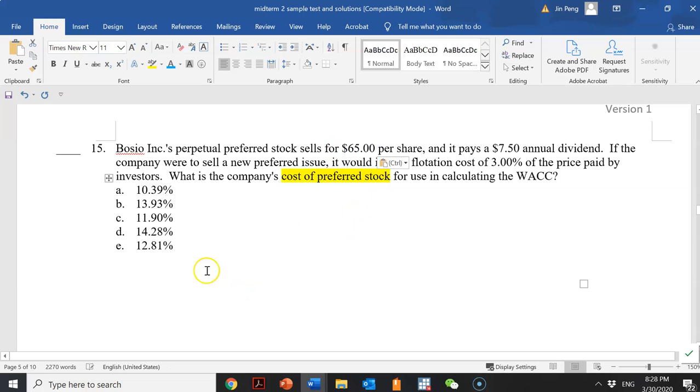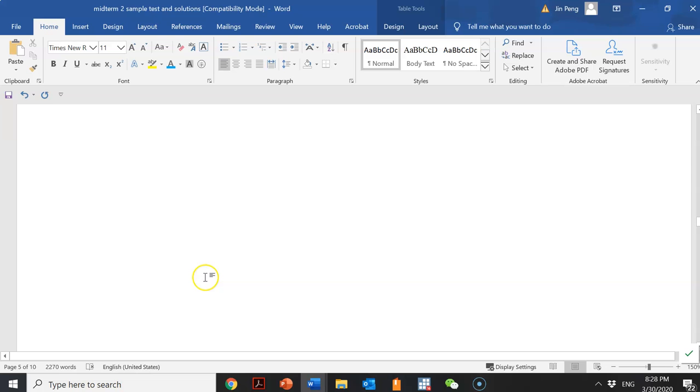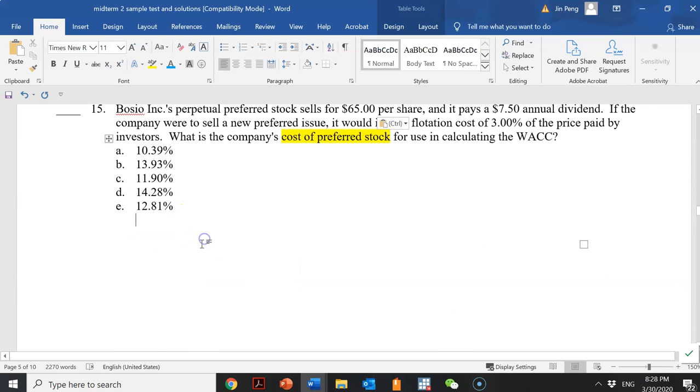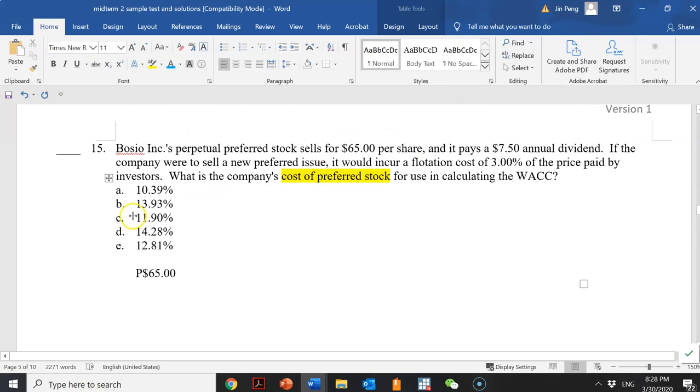So let me list the conditions we know here. We know our P0 stock price, or PP, the price for preferred stock. PP equals $65.